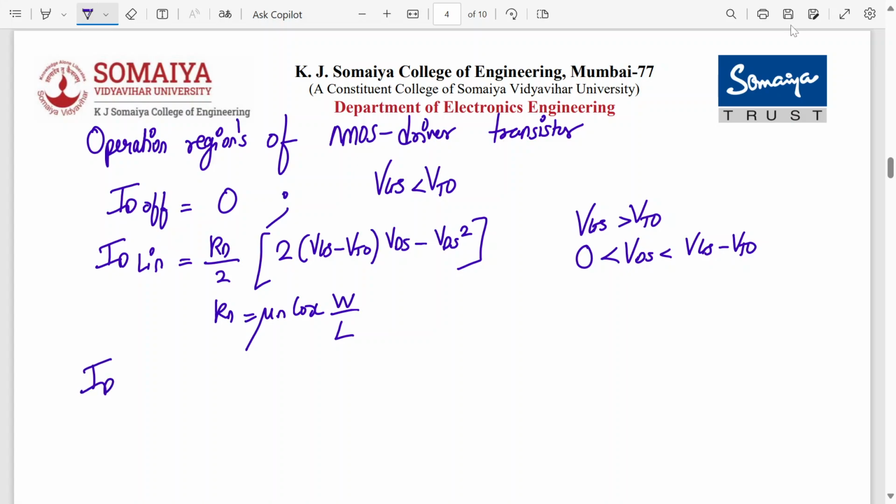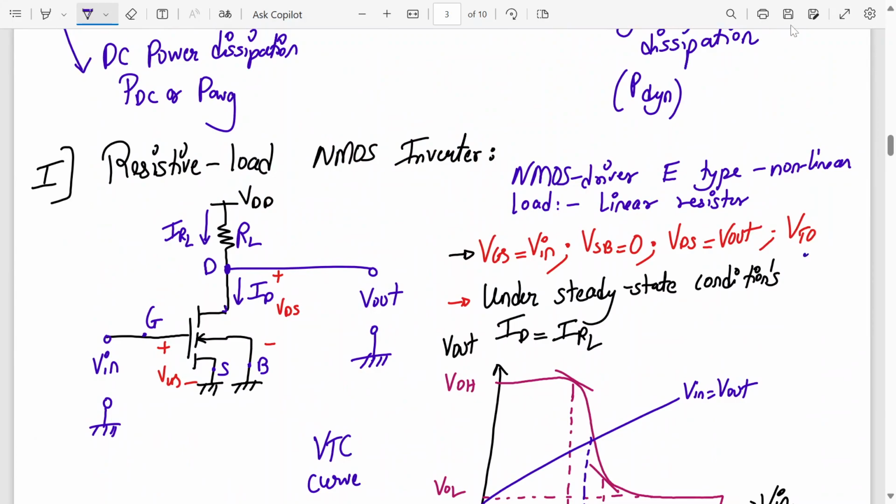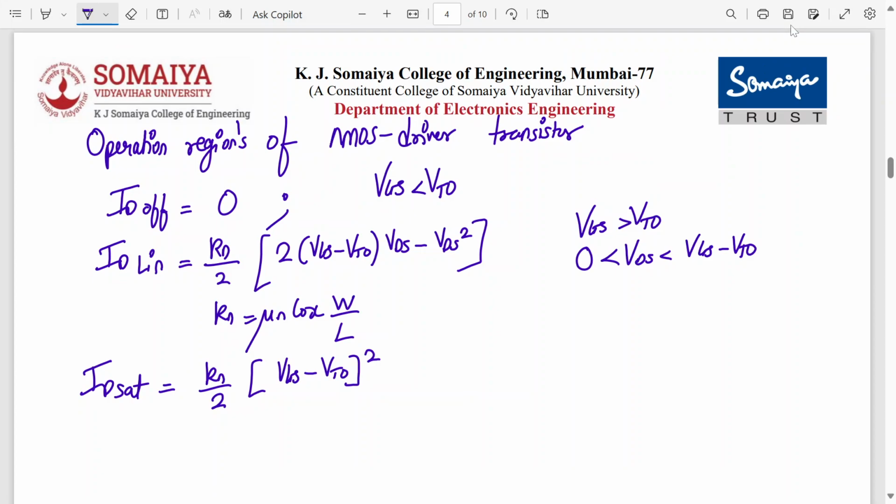Next is ID SAT: Kn by 2 times VGS minus VTO squared. Here we are assuming lambda equal to 0. Write that down: assumption, lambda is 0. So lambda is 0 means the 1 plus lambda VDS term will not come here, right? What is the condition? Actually, write greater than or equal to.